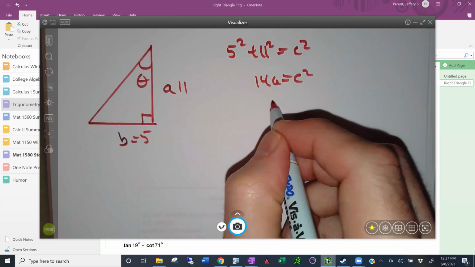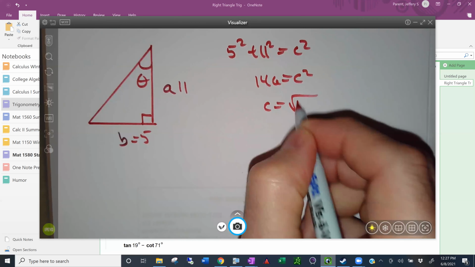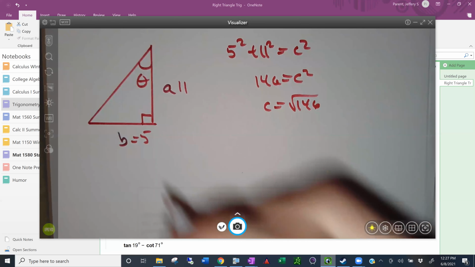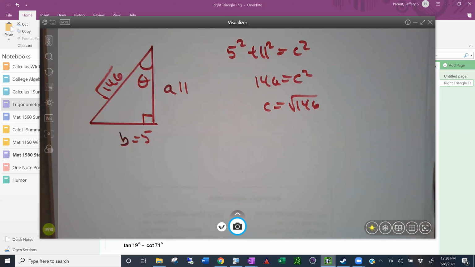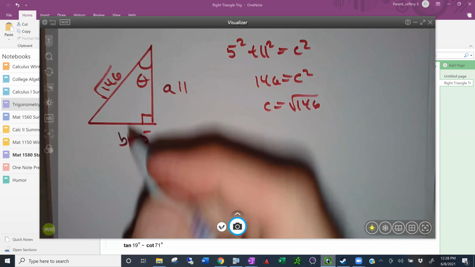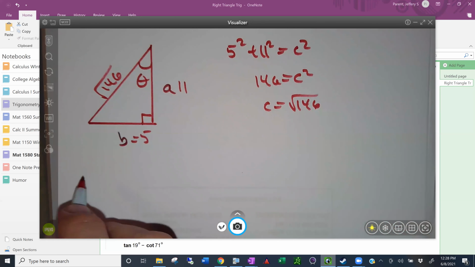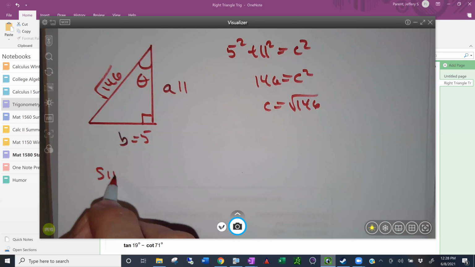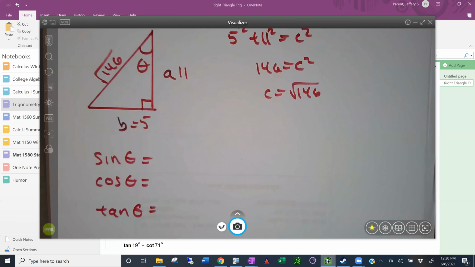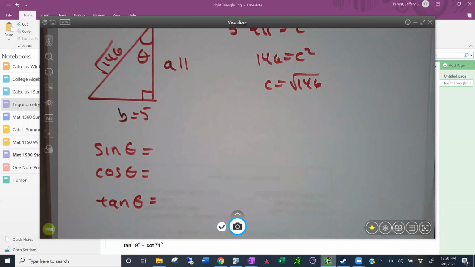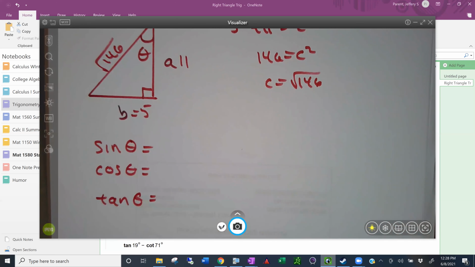So c is going to be the square root of 146, which isn't particularly a nice number. But with that, we can figure out anything we need. So let me list it this way: sine of theta, cosine of theta, tangent of theta. From what I've seen of my math lab, it will accept things that aren't rationalized.